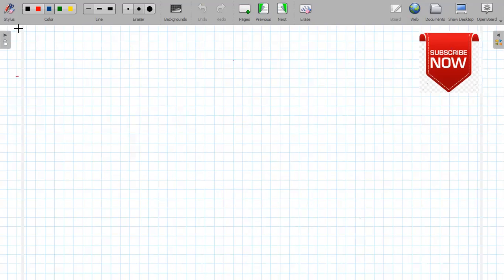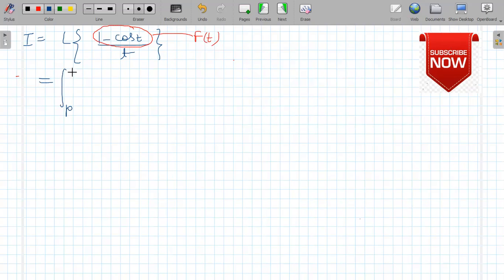So 1 is equal to Laplace transform of 1 minus cos t whole divided by t. आप इस पर अब फिर से f(t) divided by t का रूल लगाएंगे, लेकिन अब f(t) क्या है, दिस इज f(t). Okay, so this is equal to integral p to infinity Laplace of f(t). f(t) here is 1 minus cos t.